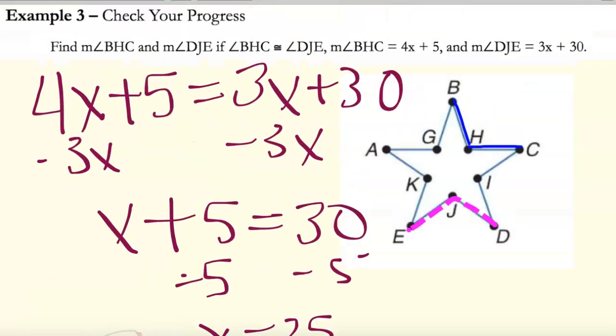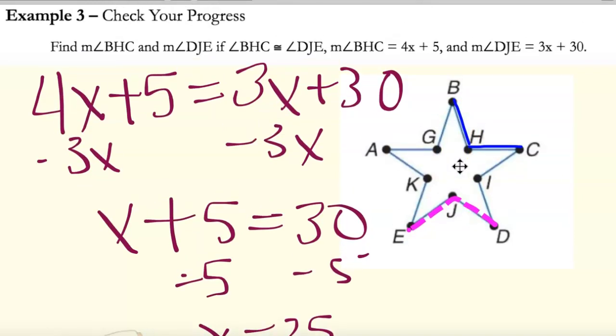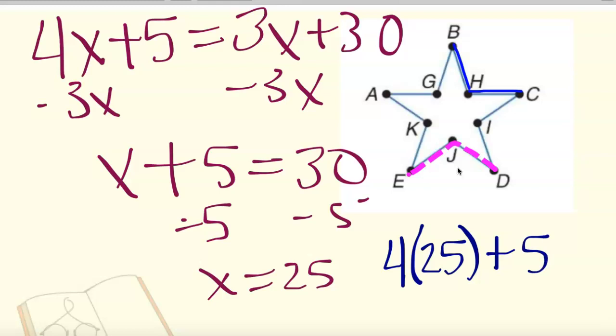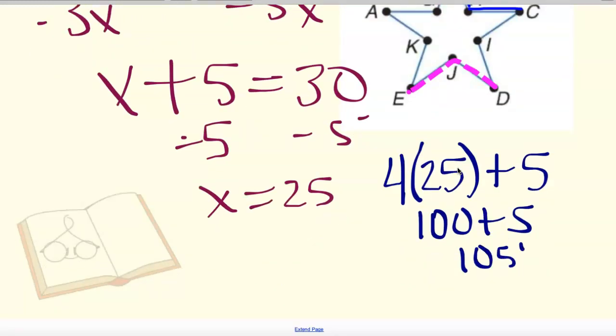Alright, as I mentioned before, we always go back and check to make sure that we have the correct answer. If I look at this angle BHC, I can see that it's clearly bigger than 90 degrees, so 25 does not seem reasonable. So we would go back up and plug our value into the equation. BHC says 4 times our x value, which was 25, plus 5. 4 times 25 is 100, plus the 5 gives me 105 degrees.